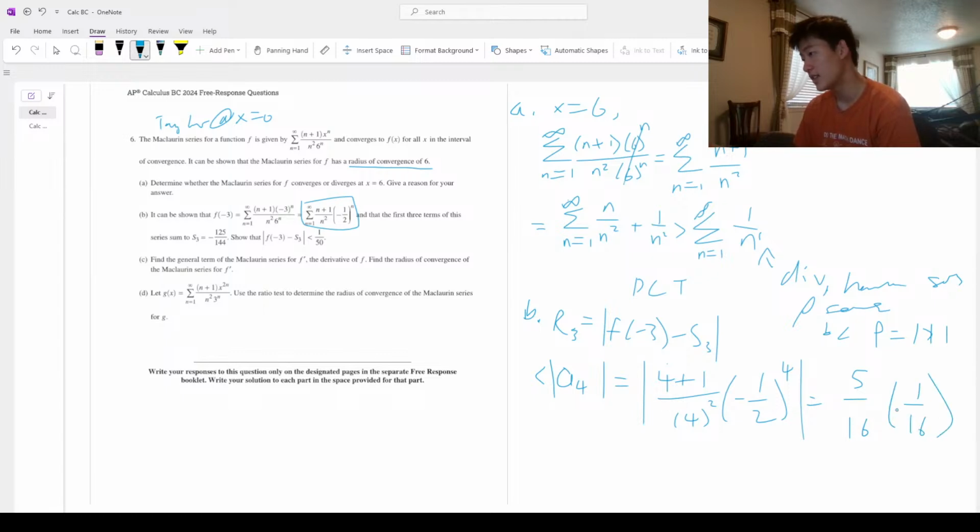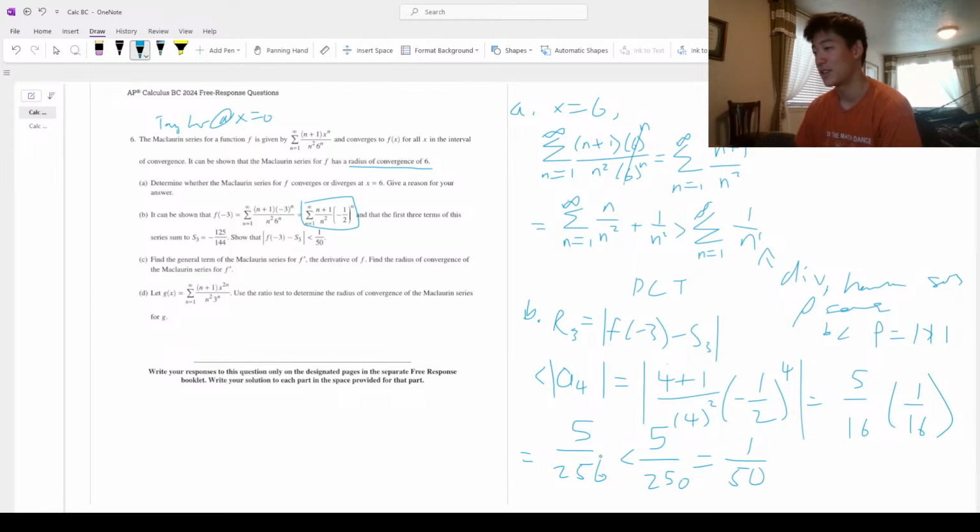And 16 times 16 is 256. So this is 5 over 256, which is less than 5 over 250 because the denominator is smaller, which equals 1 over 50. So this is smaller than this, and you're just done, basically.